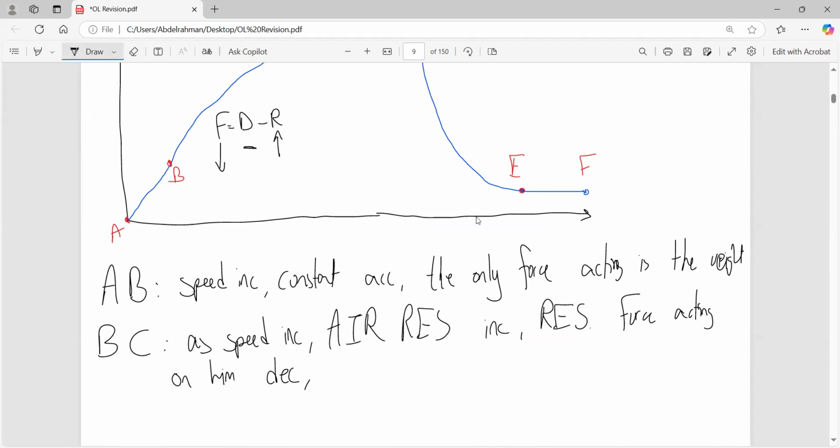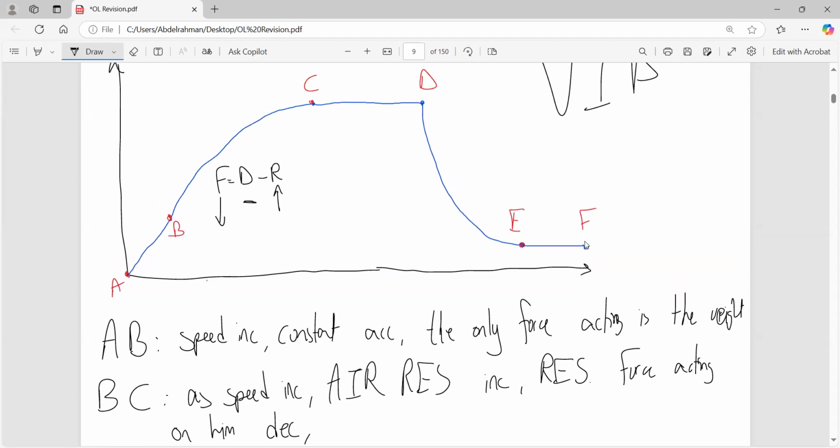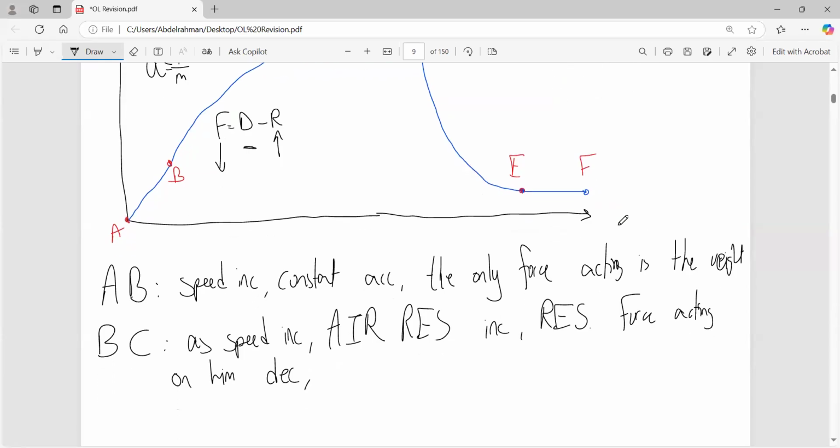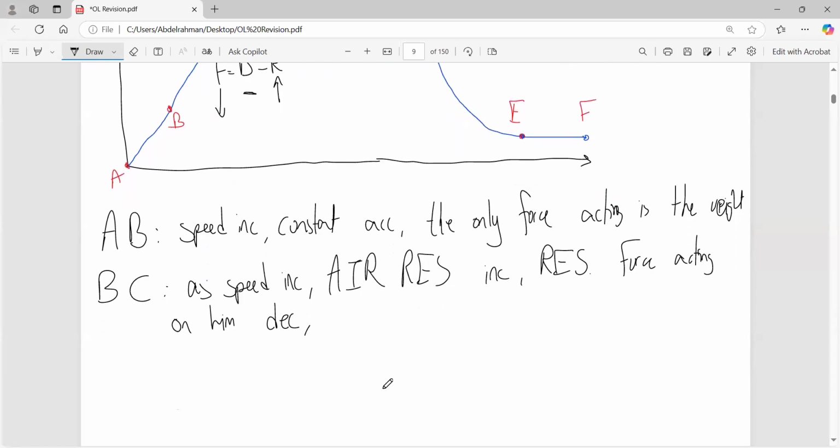Force equals ma, so can I find the acceleration? Yes. Acceleration equals force over mass. The mass is constant, so when the resultant force is decreasing, the acceleration is decreasing.